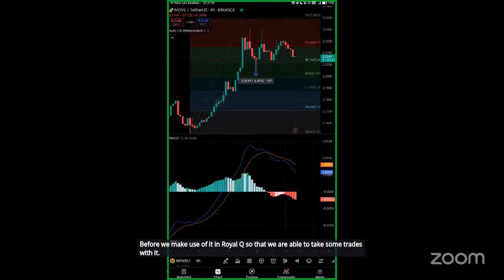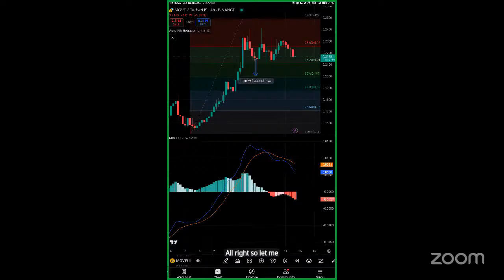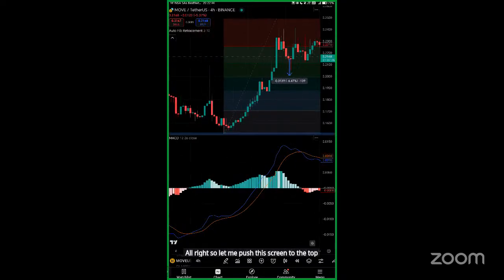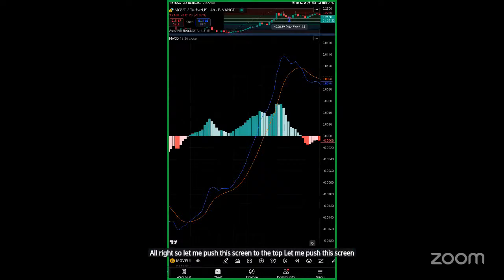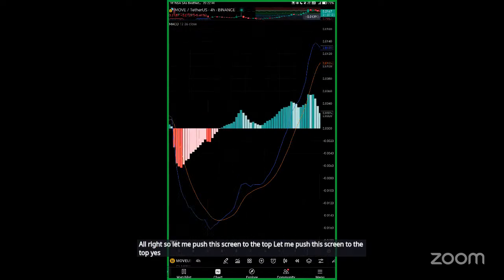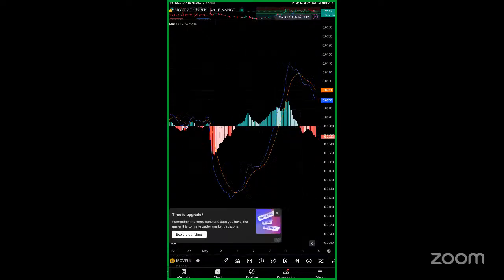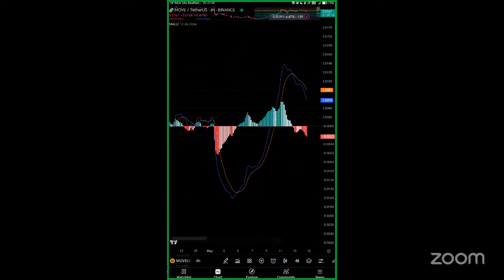All right, so let me push this screen to the top. Okay, so here we are. So this is the MACD indicator.